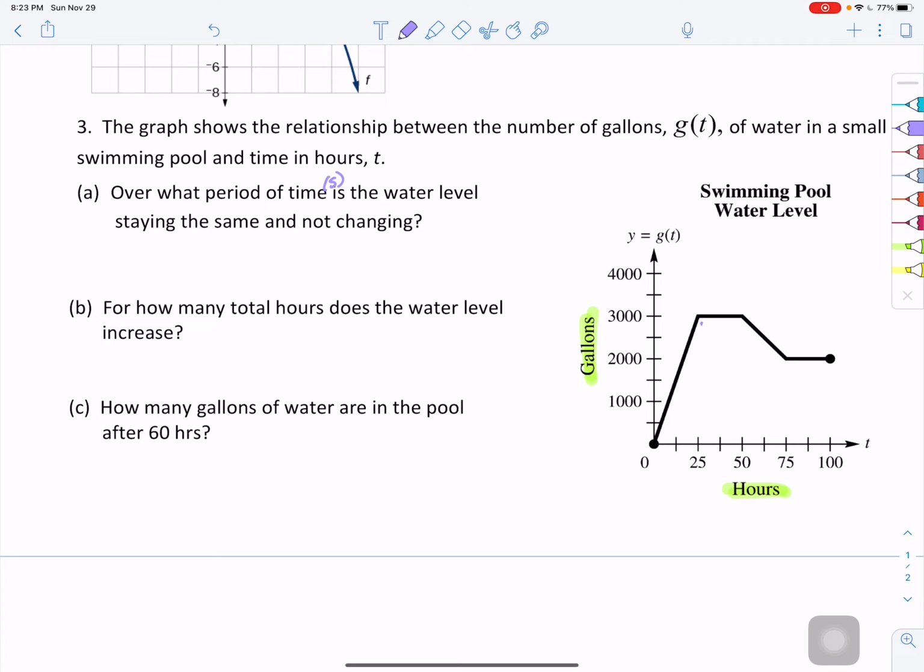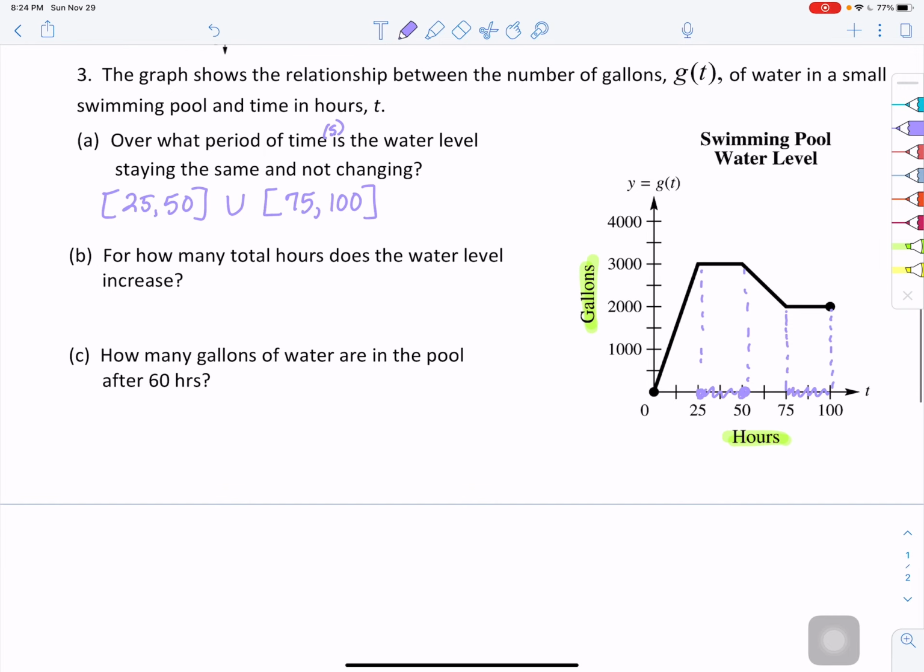We have from, it looks like, 25 to 50 hours, that water level stayed the same. It stayed at 3,000 gallons. But you can also see that between 75 and 100 hours, that water level also stayed the same and did not change. So that would be from hour 25 to 50, and we'll use a union, or you can use a comma, 75 to 100 hours.